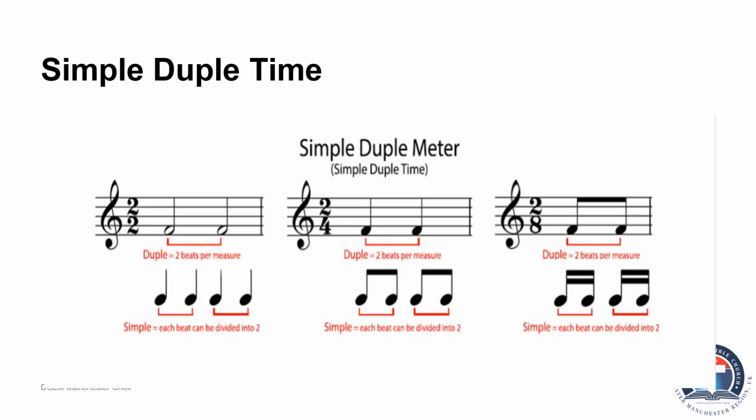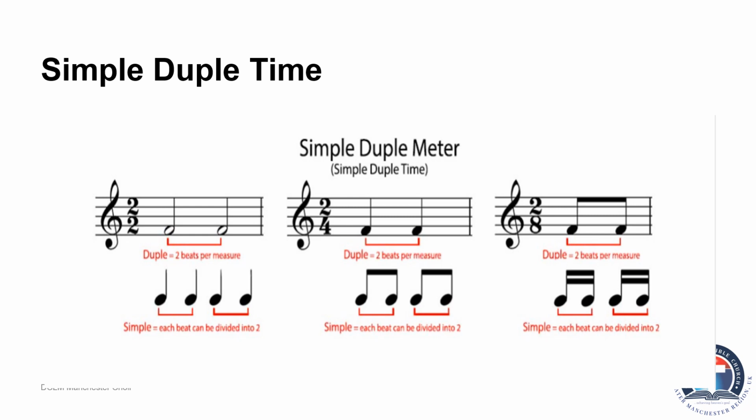Now, to demonstrate what we've said in more detail, simple duple time, for example, let's look at these two notes on the stave. 2, 2. 2 at the top is the quantity, 2 at the bottom is the quality, so 2 minim beats in a bar.